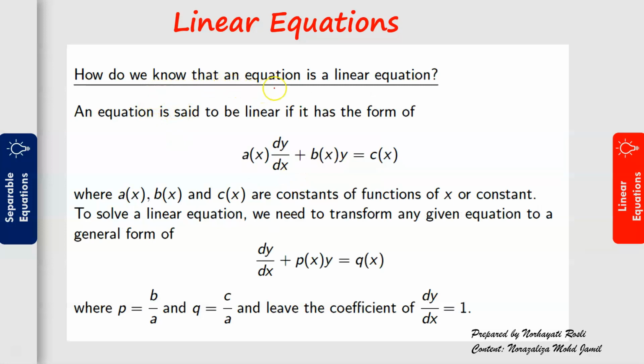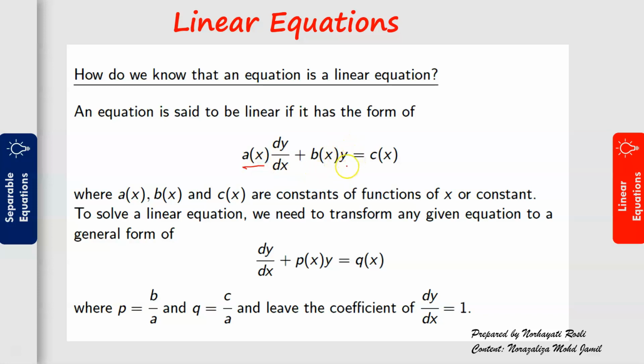How do we know that an equation can be called a linear equation? An equation is said to be linear if it has the form of a(x) dy/dx plus b(x) y equal to c(x). Here the multiplication involving dy/dx is only a function of x.